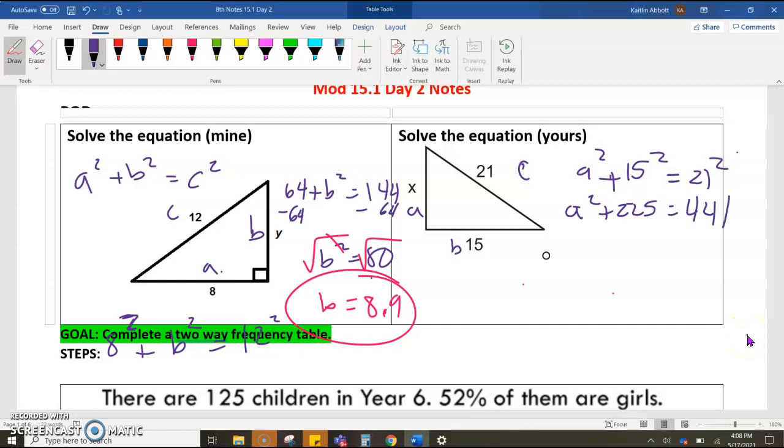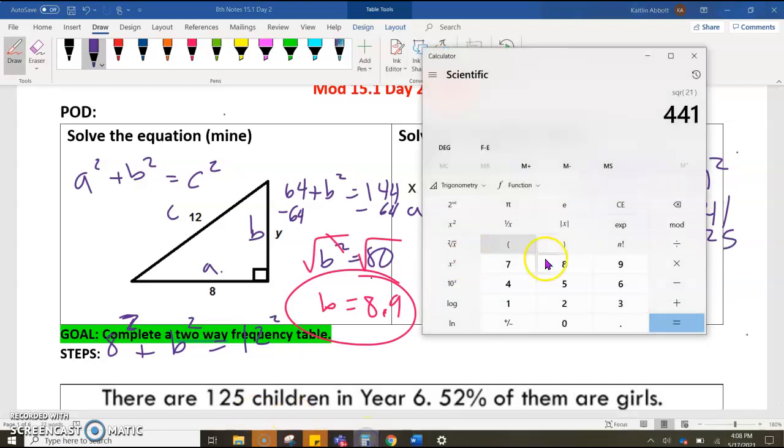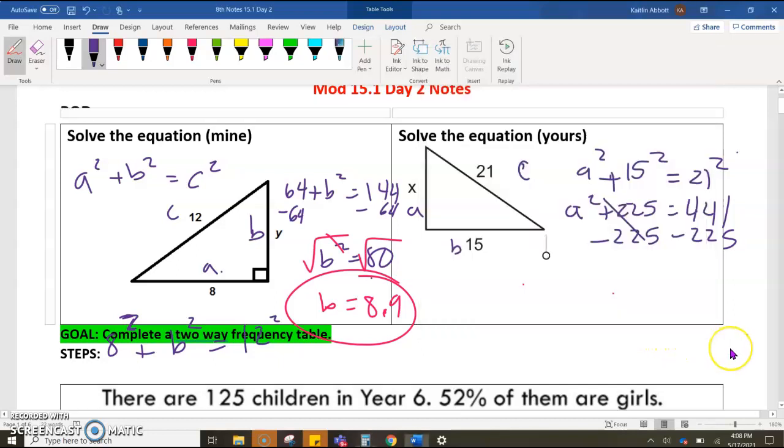Okay, now to get a by itself, I'm going to subtract 225 on both sides. Those go away. So now I'm going to do 441 minus 225. Gives me 216. So a squared equals 216.